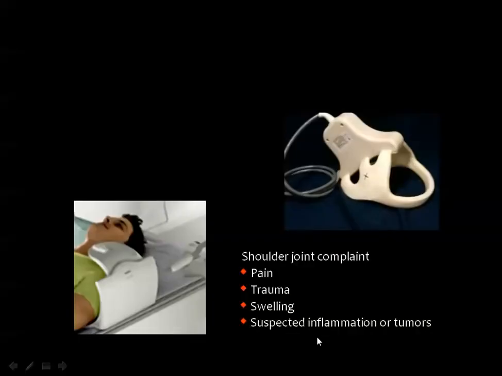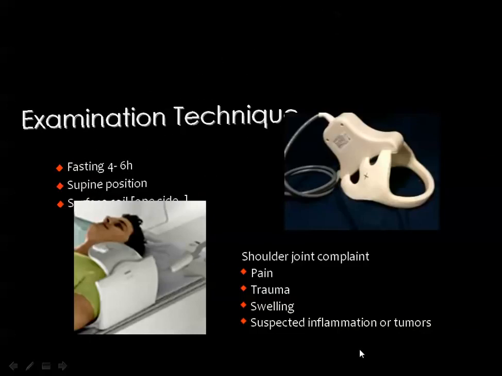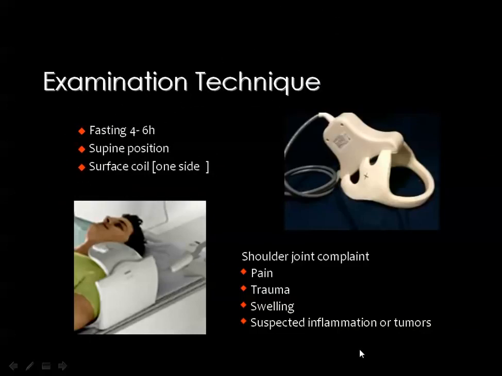First of all, in order to examine the shoulder, you should have the surface coil, and the suitable surface coil is one that can be placed very close to the joint of interest, and it also will not move with respiration.